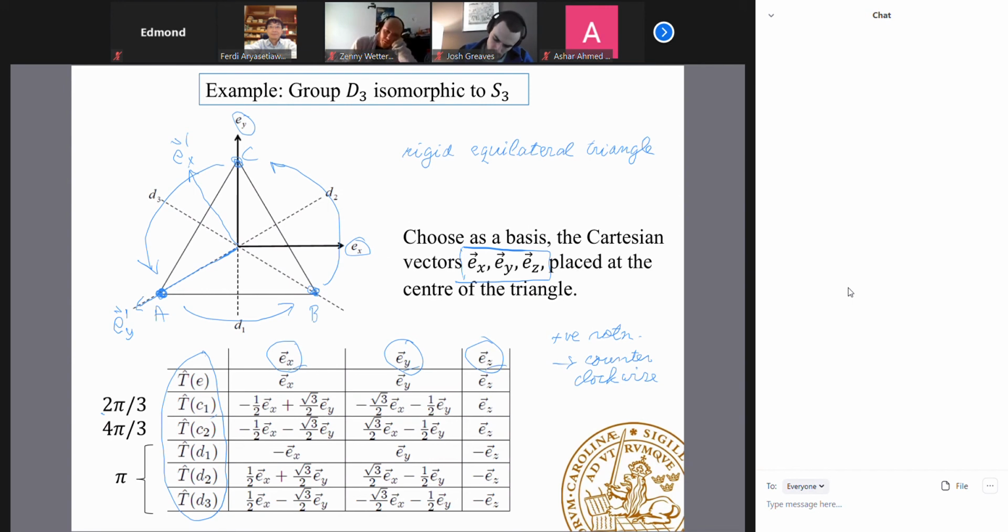We look at Ex, for example. I have this Ex prime here, so it will be minus 1/2 Ex plus this component, which is square root of 3 divided by 2. And if I look at Ey, well, it goes here. So then it is equal to minus square root of 3 upon 2 Ex.